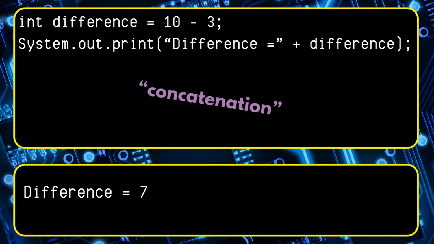It's actually a different operation, and some programming languages even use different symbols for addition and concatenation. Java uses the same symbol for both, and the compiler figures out which operation to do based on those operand data types. Again, this is probably just interesting to me, but that's important to understand that difference.